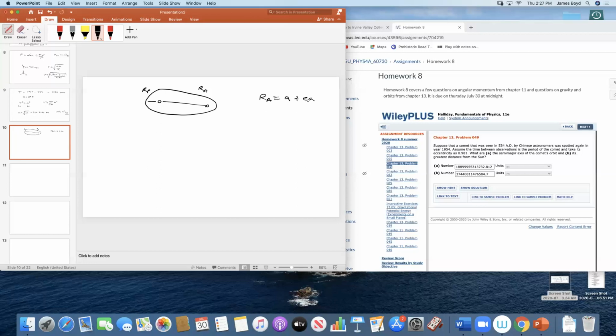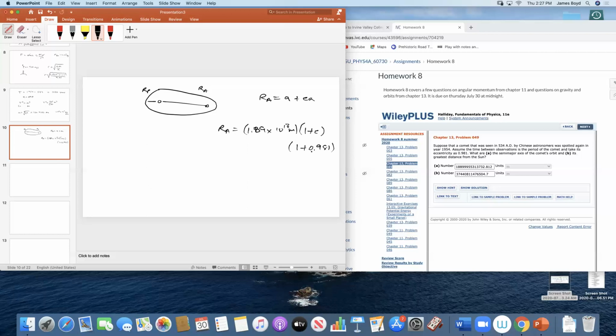We just found A and we were given E. So RA is going to be 1.89 times 10 to the 13th meters times 1 plus E, and that's 1 plus 0.981. So multiply the answer you just found, 1.89 times 1.981.